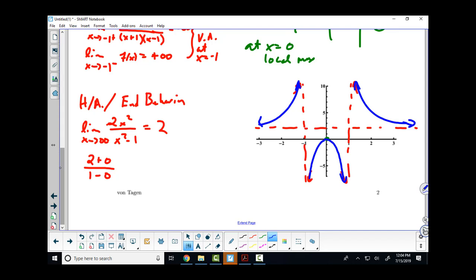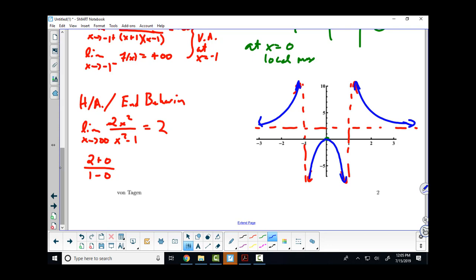So, critical numbers, that determines if you have local maximums. Let's be careful. The critical numbers of f, which are where f's derivative is either 0 or undefined, give you potential locations for local maxes and local mins. Exactly. The critical numbers of f prime, which are where f double prime is 0 or undefined, give you potential inflection points.